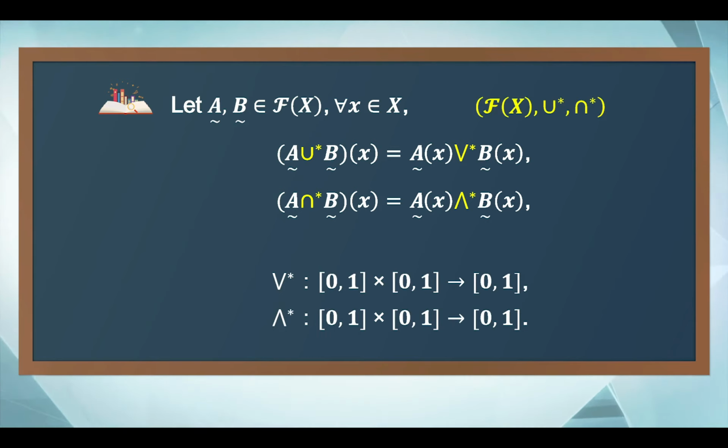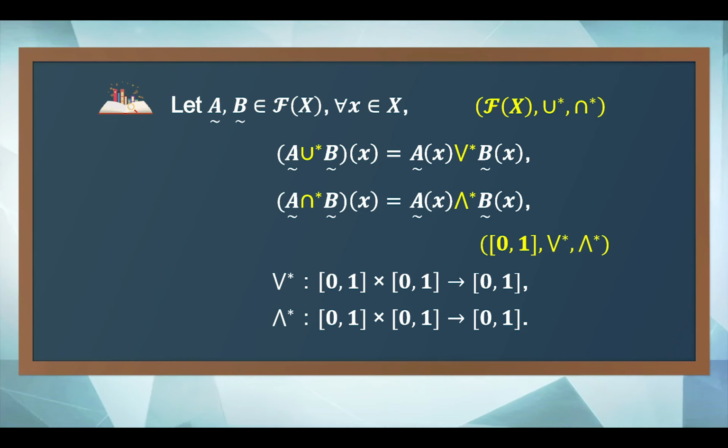The properties of generalized union and generalized intersection totally depend on the properties of generalized maximum and generalized minimum. So these fuzzy operators, these binary operations on the closed interval from 0 to 1, must be rational, such that the corresponding generalized unions and generalized intersections are rational.